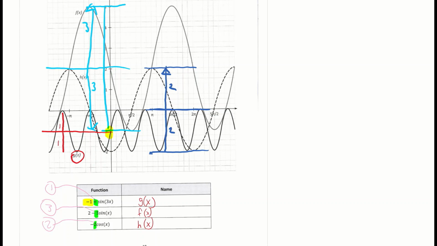And let's do the second one here. If you look at the +2, you can see that the f of x is crossing at +2. So you can look at either the number that's been added or subtracted, or I think it's easier to look at the amplitude. You can also look at the number that's in front of the x, which is looking at the period, but different ways.